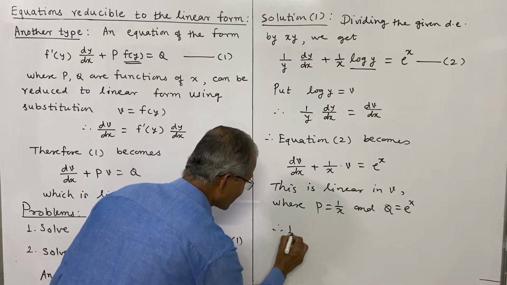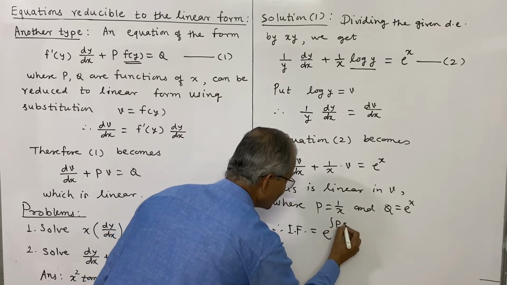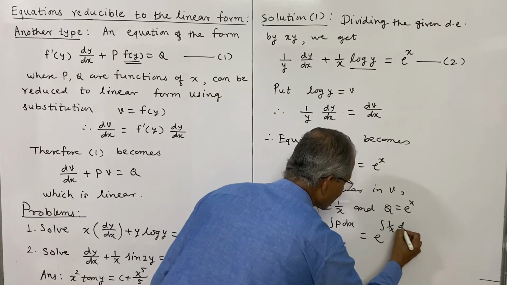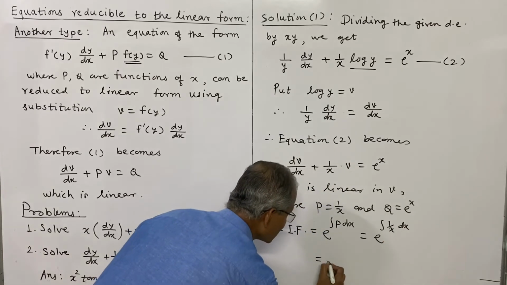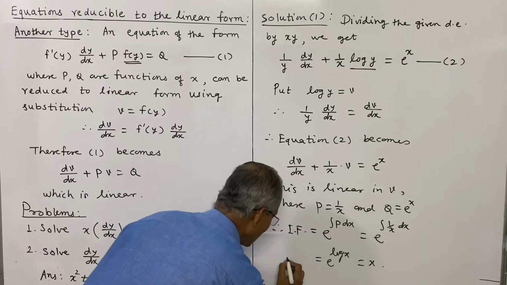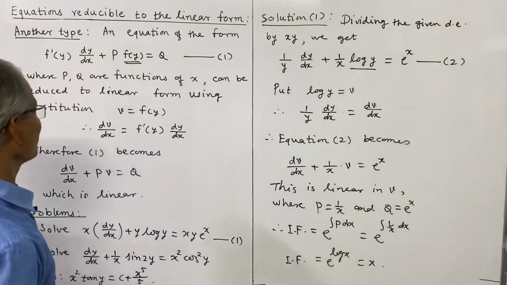And now we can write the integrating factor as e to the power integral p dx, or this is e to the power integral 1 by x dx, or that is e power log x, which is x. So IF is x, and thus the solution can be written now.